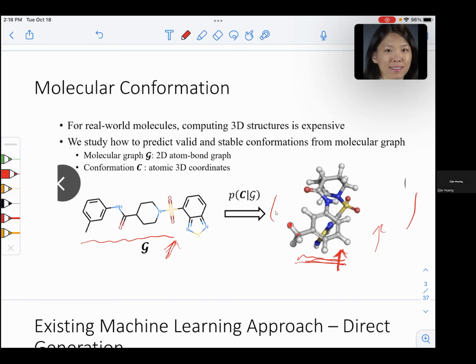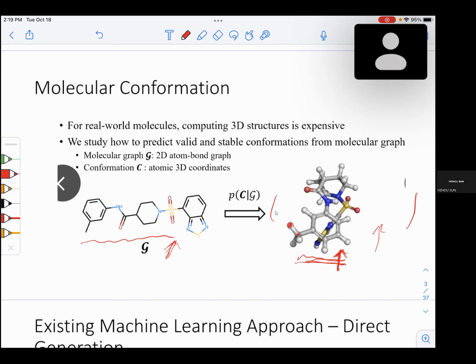But of course, for two nodes without any real bond, there's no direct distance that can be defined among them. Through the modeling procedure, they still consider this a special type of edge.